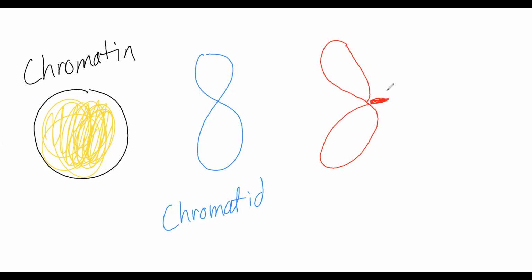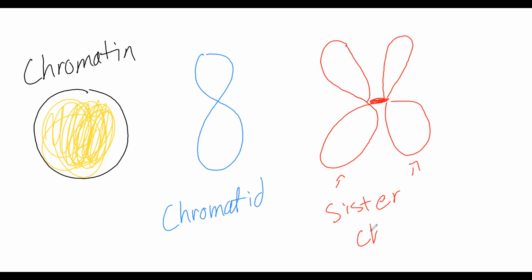There's a bit of a binding thing there. And what we call the 2 ends, we call them sister chromatids, because there's 2 of them and they're the exact same, right?